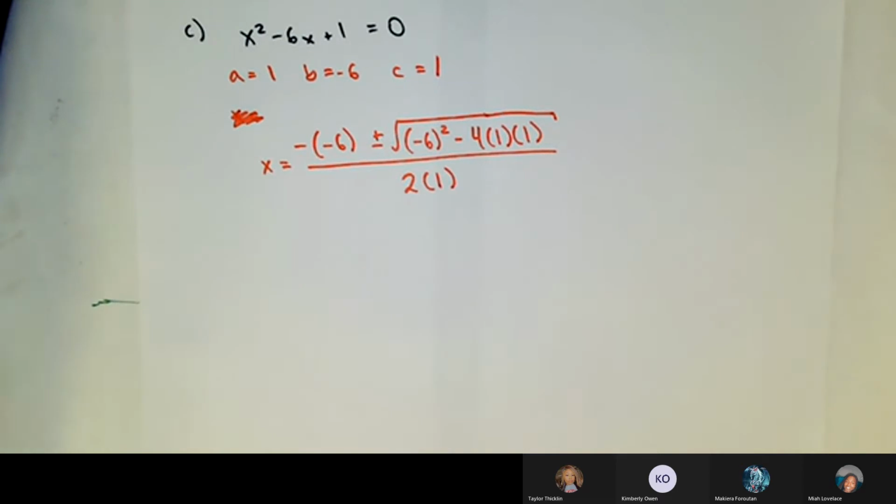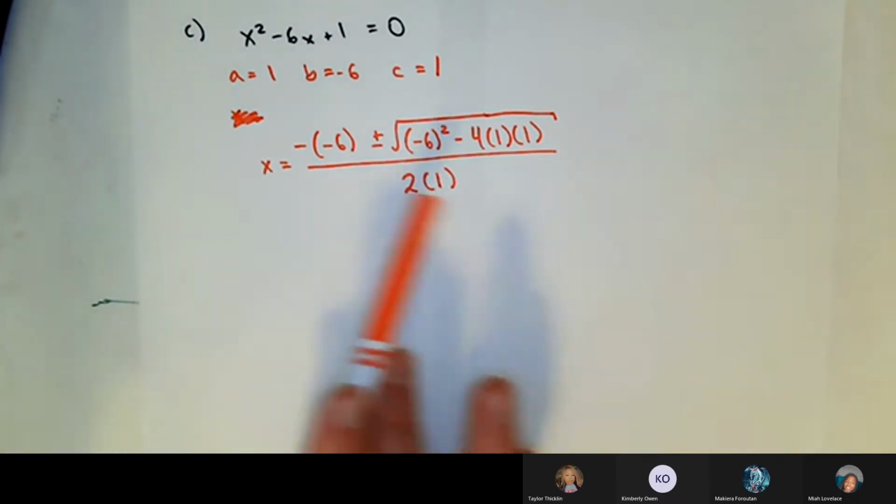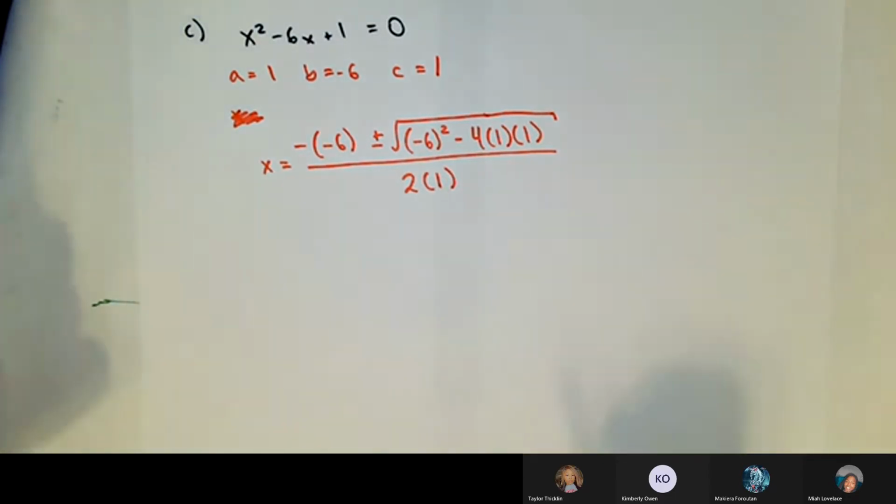I'm not trying to simplify as I write down the formula, even though I know negative of negative 6 is just 6. I'm purposefully not doing that because I don't want to mess up when I'm filling everything in. Okay.